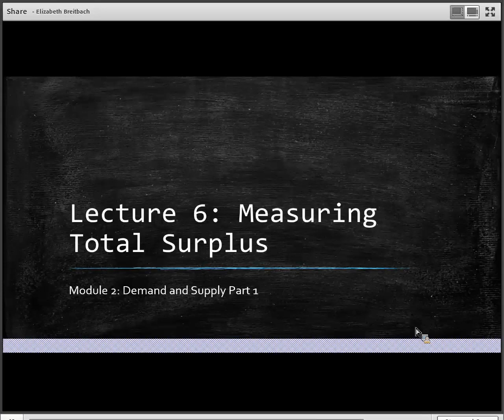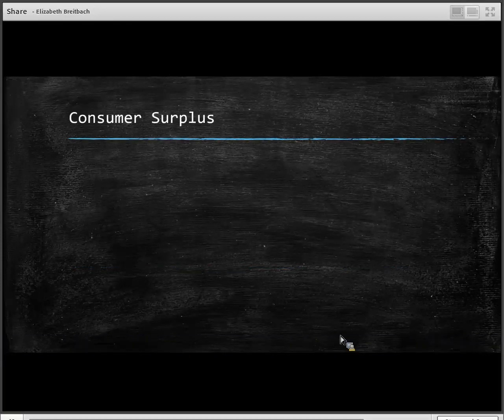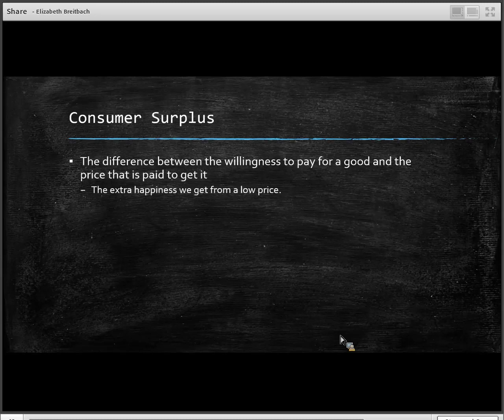All right, so what we're going to do is just continue building off that equilibrium that we've already determined. We're looking at the intersection of our supply and demand curve, that point at which the quantity supplied is exactly equal to the quantity demanded. As we have previously started to discuss, consumer surplus is the extra benefit, the extra happiness we get as consumers by purchasing something at a price lower than the price we're willing to pay.